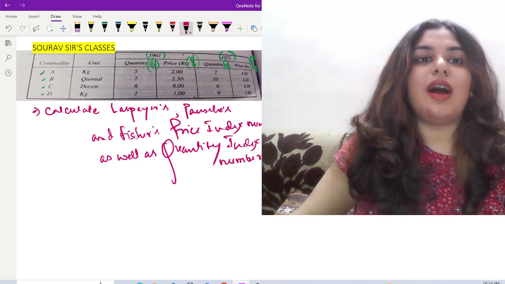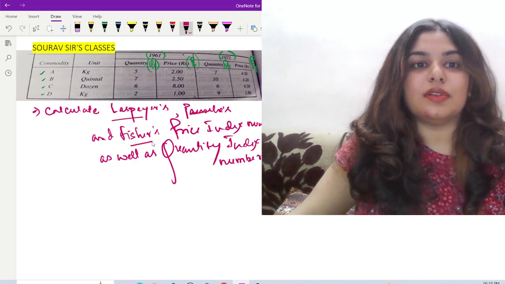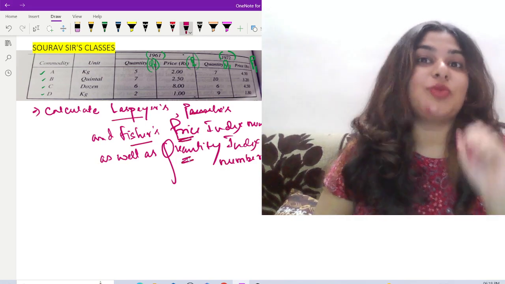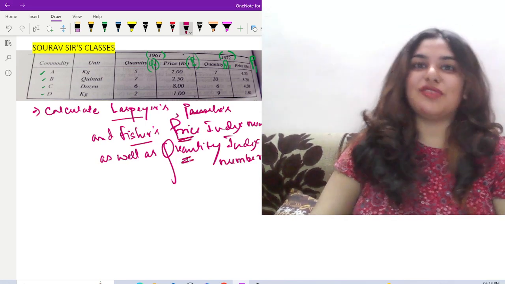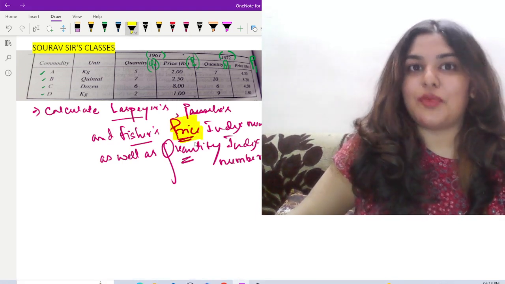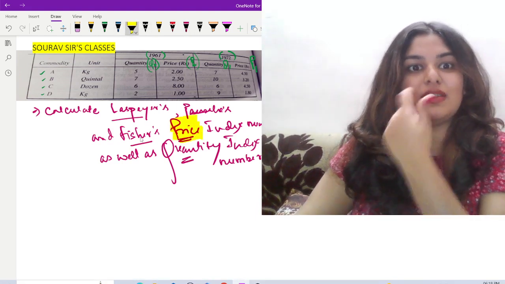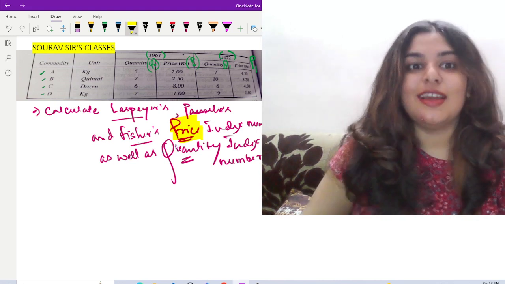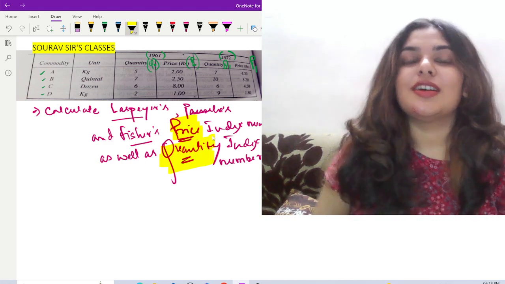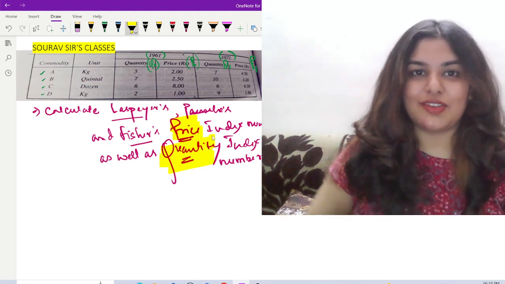So here you have to find out 3 index numbers, not only for the price but also for the quantity. That means in total 6 index numbers we are going to calculate, that is, 3 price index numbers, Laspeyres, Paasche's, Fisher's, with respect to price as well as with respect to quantity. So first recall the formulas.